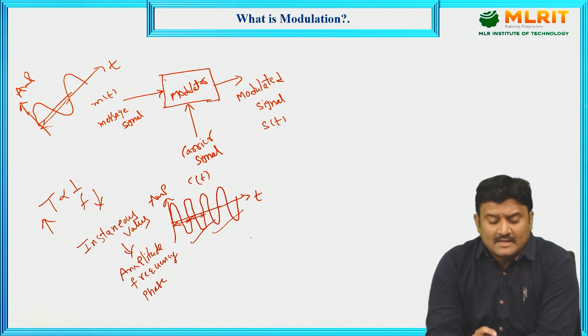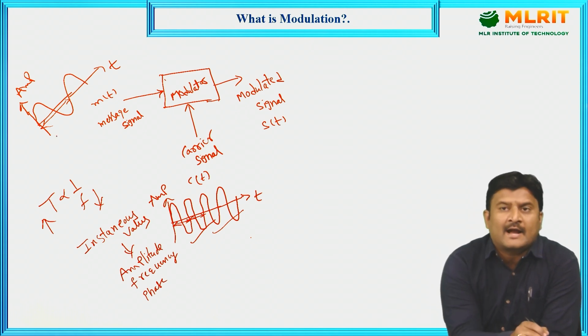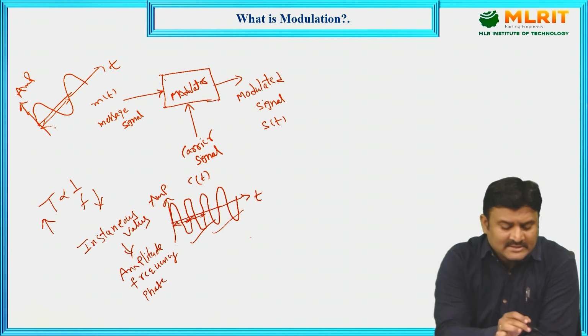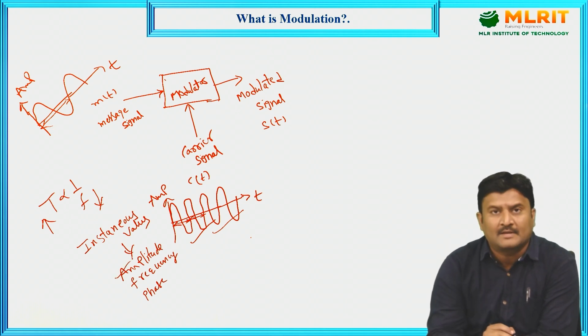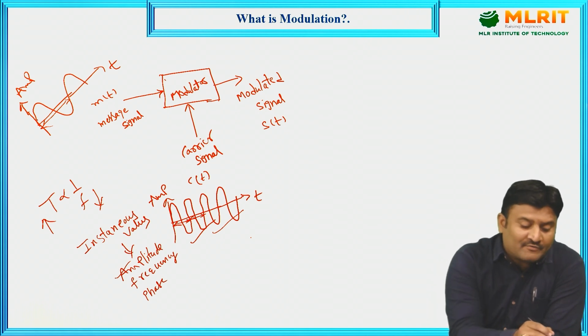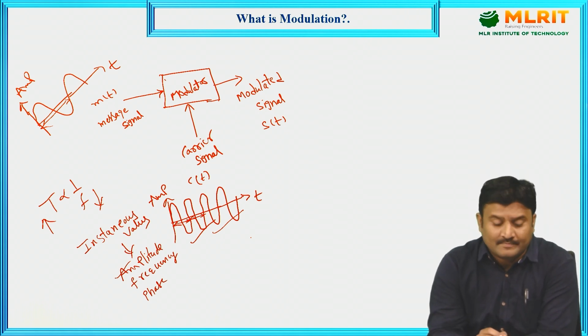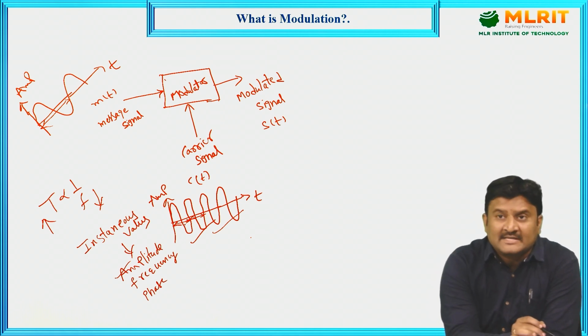That means the amplitude of the high frequency carrier signal is varied according to the message signal amplitude. The frequency of the carrier signal is varied according to the frequency of the message signal. The phase of the carrier signal is varied according to the message signal phase.